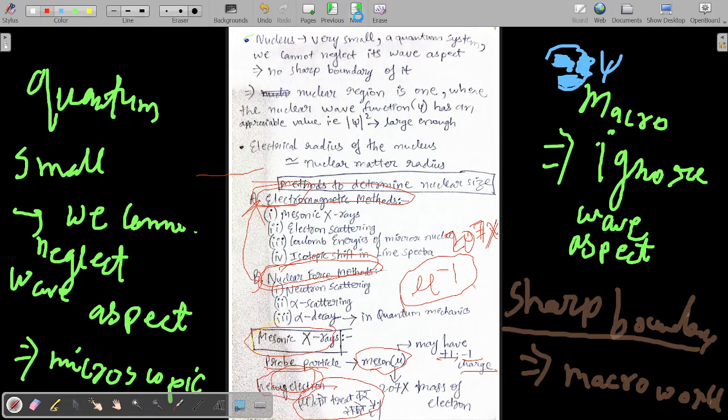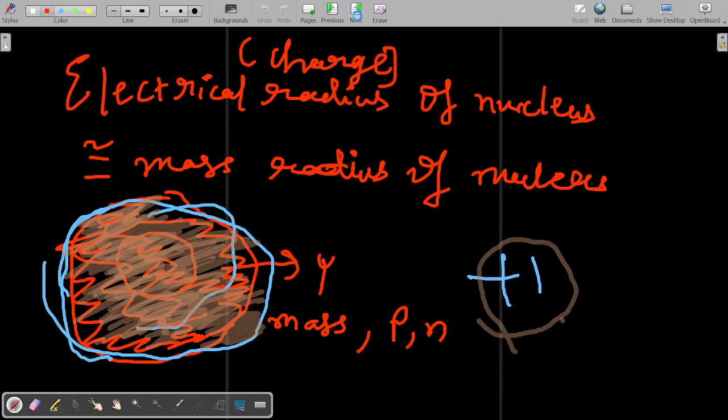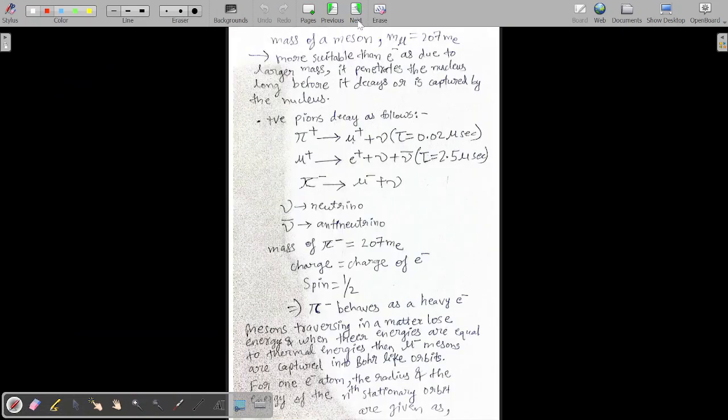The mass of the meson is 207 times the mass of the electron. It is more suitable than the electron because, due to its larger mass, it penetrates the nucleus long before it decays or is captured by the nucleus.